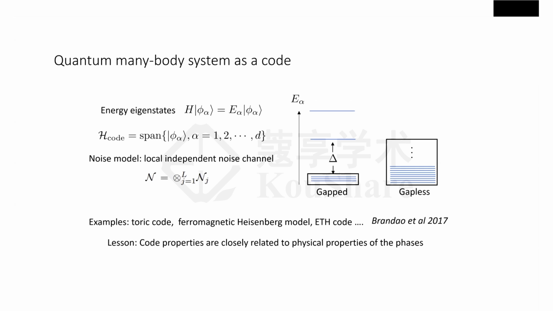Here, do we assume each channel is acting on one site? Yes. If in reality the noise may act on multiple sites, will this change the story? Yeah, it will change many aspects of the story, but it will not change it qualitatively. For the toric code, correlated errors are much harder to decode than independent errors.